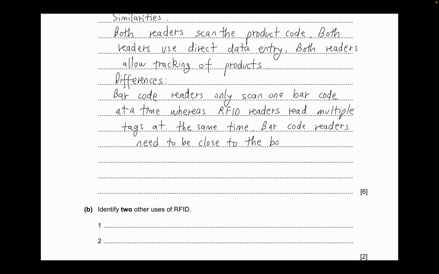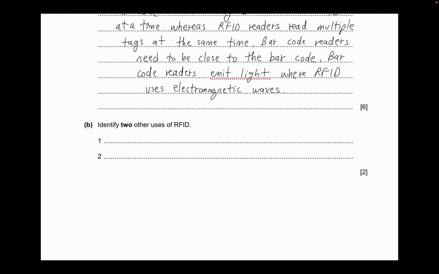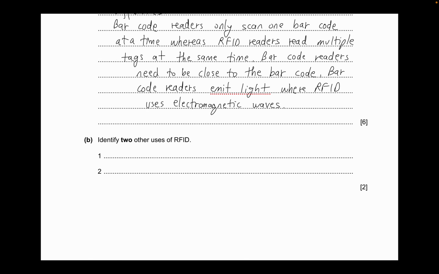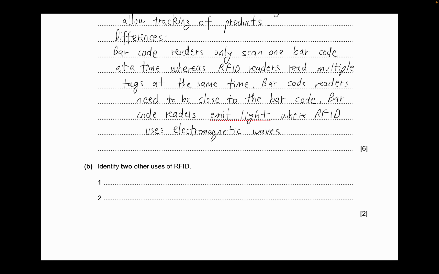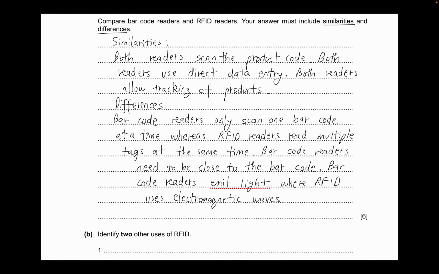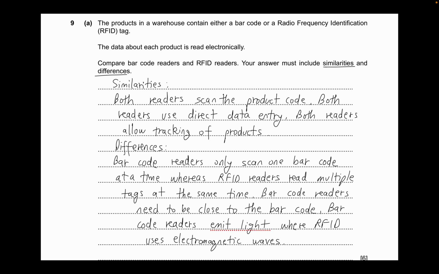If the barcode is stuck on the item but it's a bit scratched, then that affects whether the barcode reader works. The next point you can mention is that barcode readers emit light, whereas radio frequency identification readers just use electromagnetic waves. That's one of the final points you can mention for the differences.